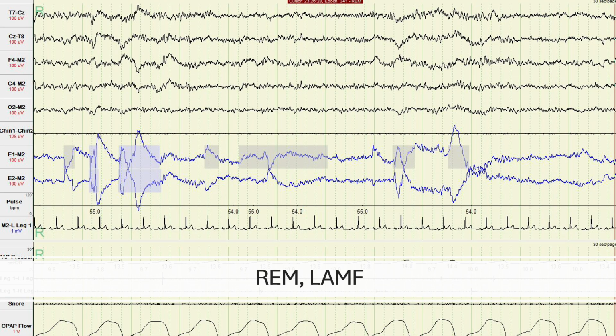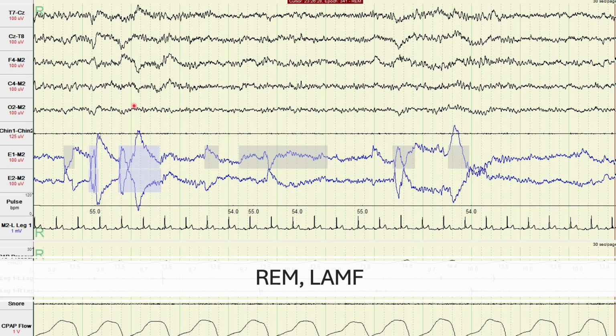Here's a nice example of low amplitude mixed frequency all throughout the EEG, and this is an adult for reference. LAMP. Beautiful LAMP. Beautiful low chin tone. Beautiful eye movements. Check out this. These look like waves, but they're occurring with the eye movements.